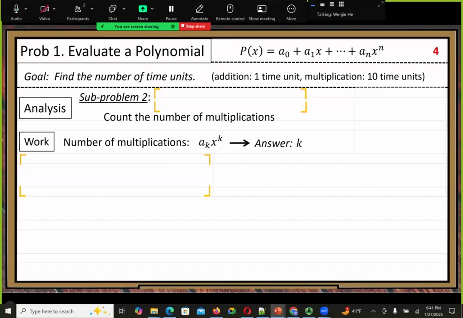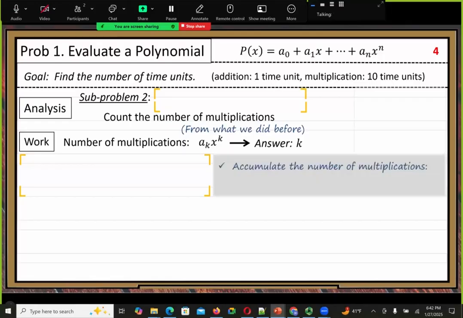Now you need to accumulate multiplications from all the terms. So let's do that accumulation. There are n plus 1 terms, but the first term, A0, has no multiplication contribution.